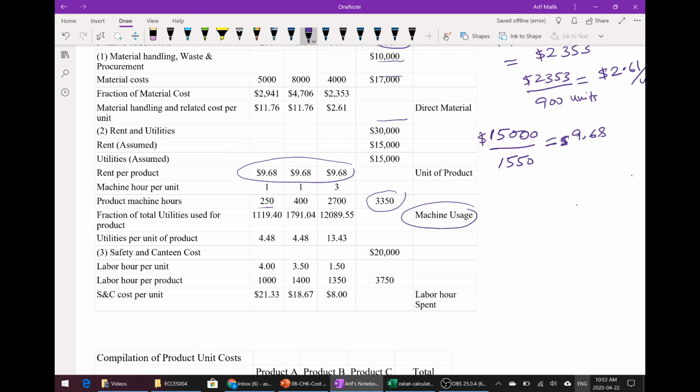And then in the same way we have the fraction of total utilities used for each product. We know the utilities expense is 15,000, so we can find the fraction.